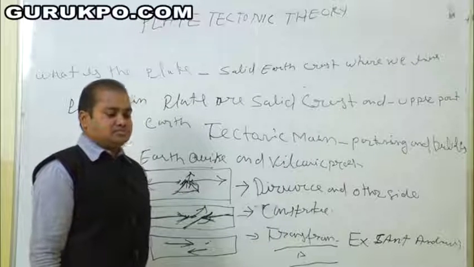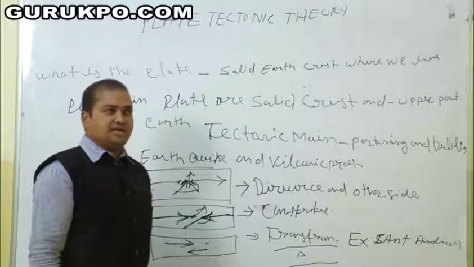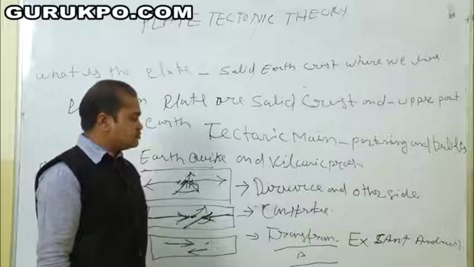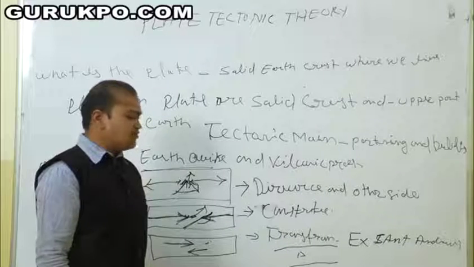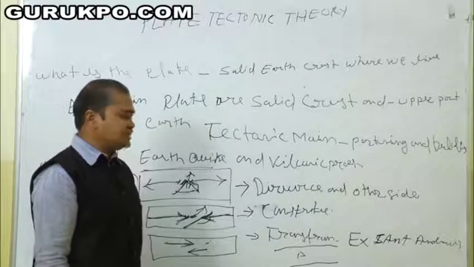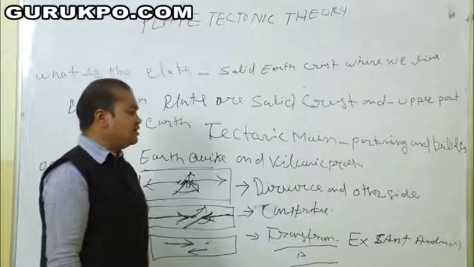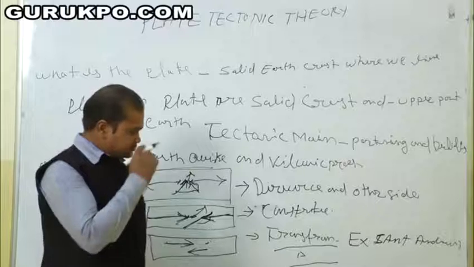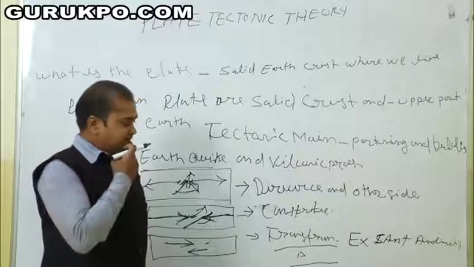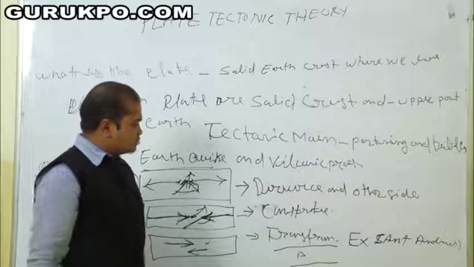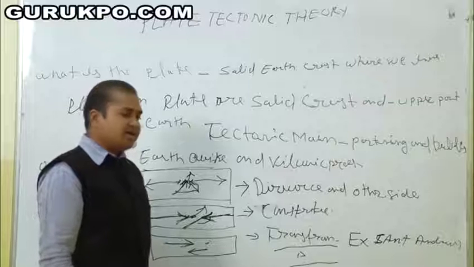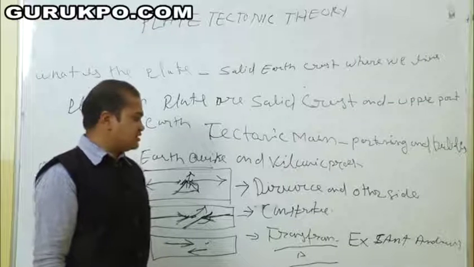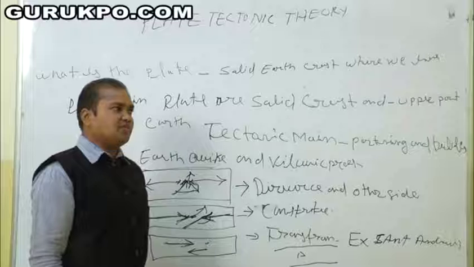Its peak height is 8,850 meters above sea level, and it is rising regularly. That is why we can say the Himalayan range is where the Eurasian plate and the Indian plate move against each other.